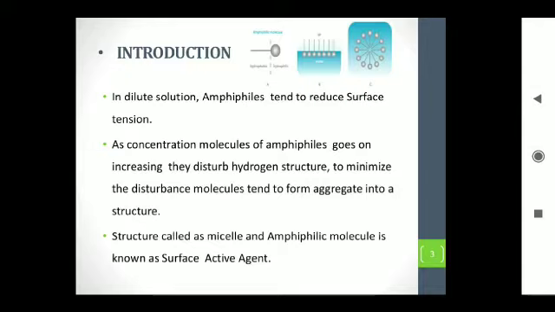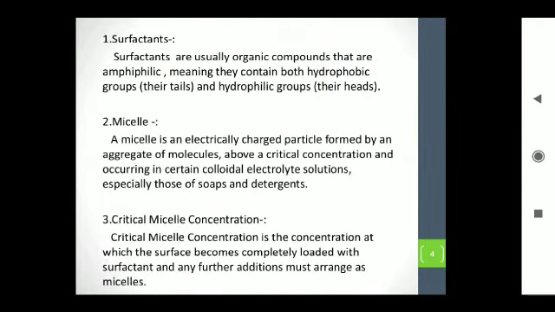At lower concentration, they appear as spherical micelles. With a further increase in surfactant concentration, they can convert into cylindrical micelles. The critical micelle concentration is defined as the point where the surface becomes completely loaded with surfactant, and any further addition must arrange into micelles.